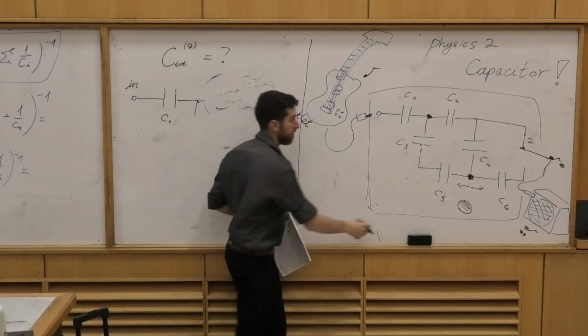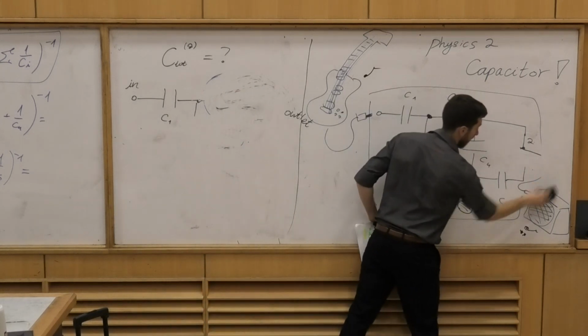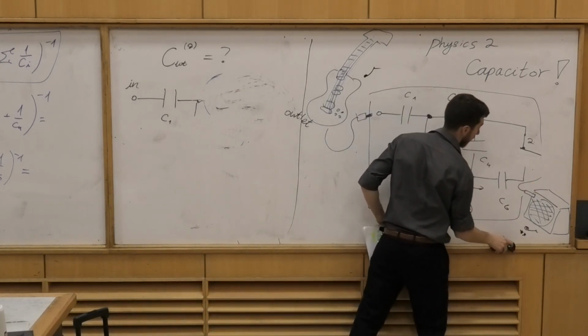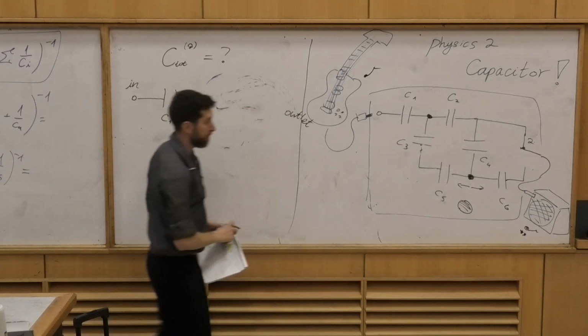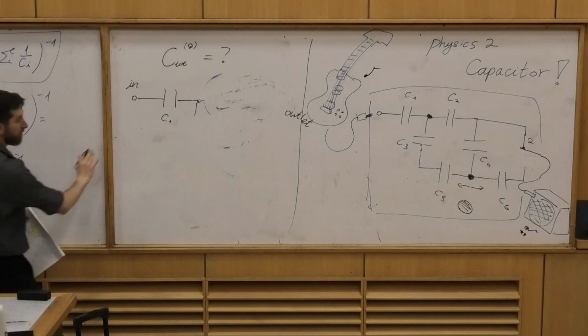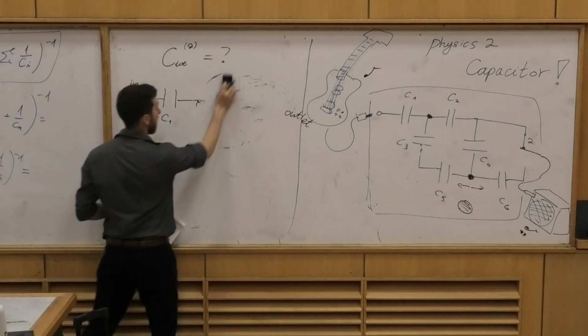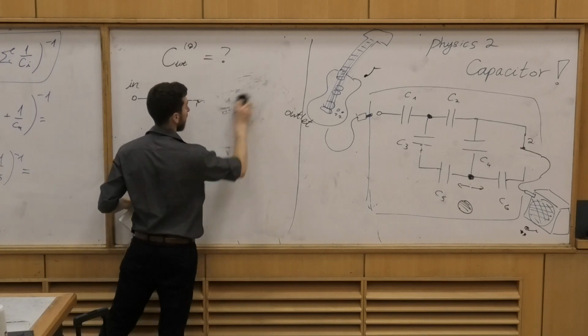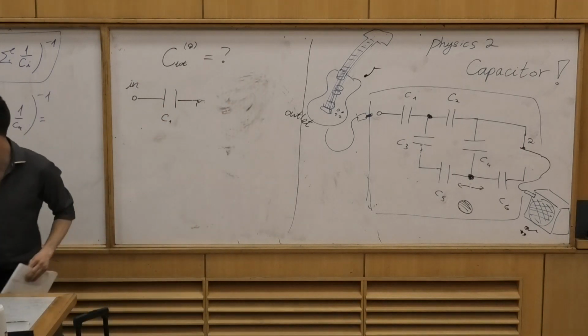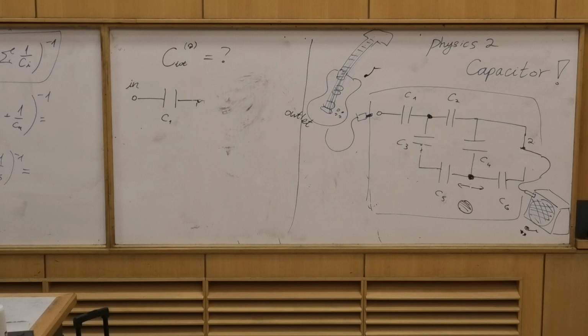Okay? Got it? This one connects to here. Okay? So we have first C1, and then we have, wow, this is really not working. We have another one. This one. Perfect.